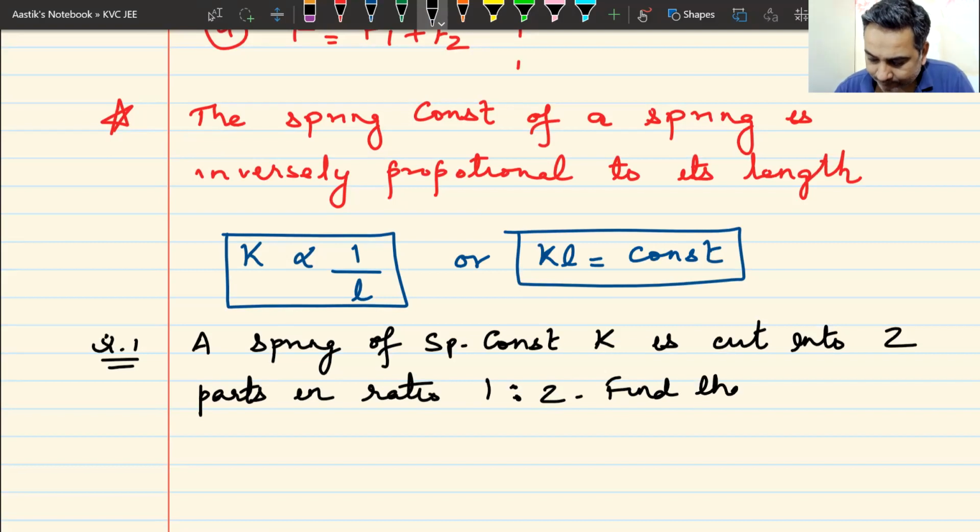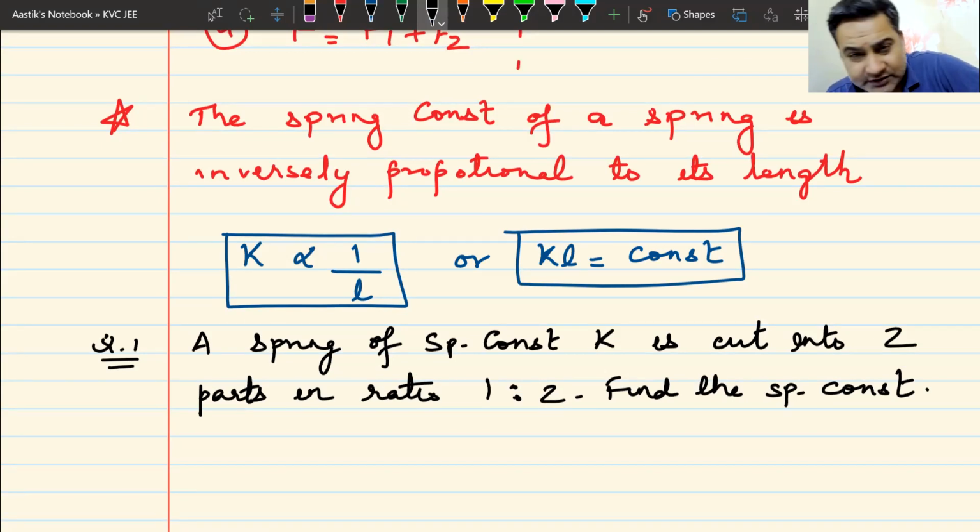Find the spring constants. So now instead of one spring, you have two springs in the ratio 1:2. You have to tell me what is the spring constant of the two parts. That is the question.